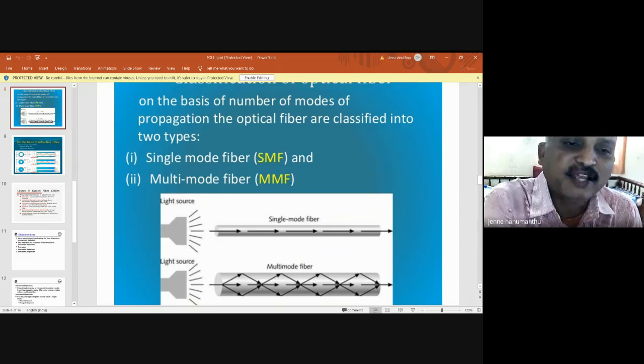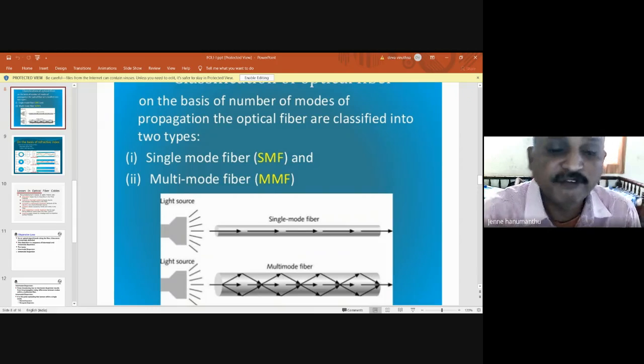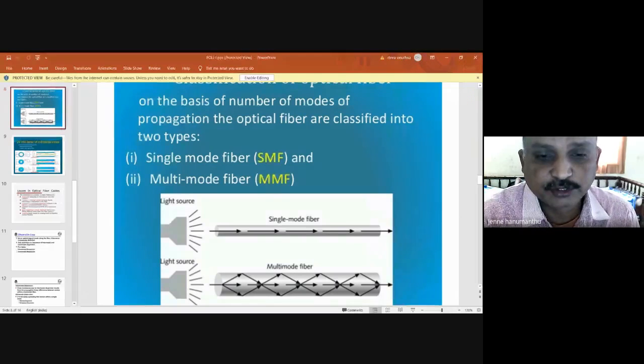As at the input side we applied electrical signals to the LED and laser, at the end of the fiber the light is converted back into electrical signals with the help of a detector, like a photodiode.